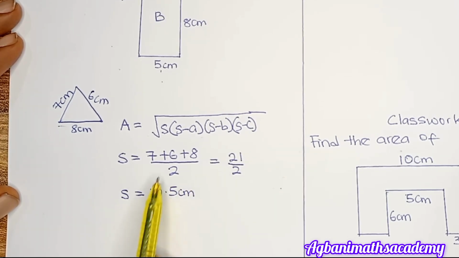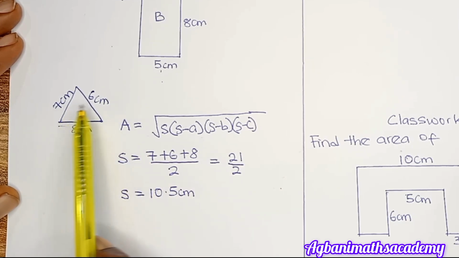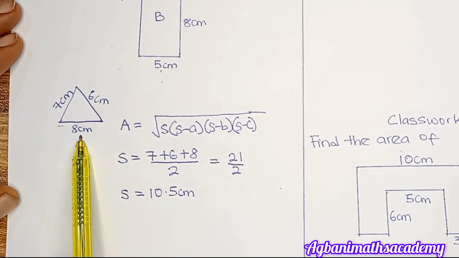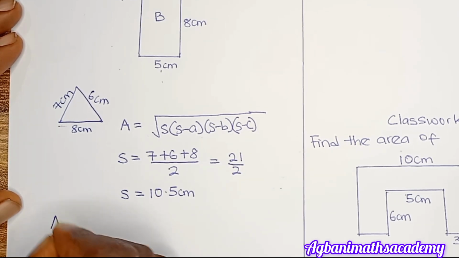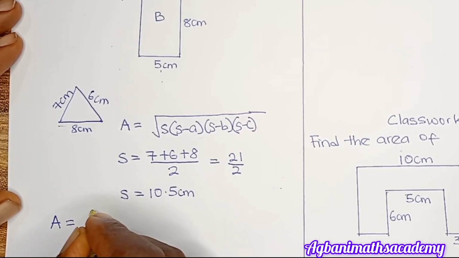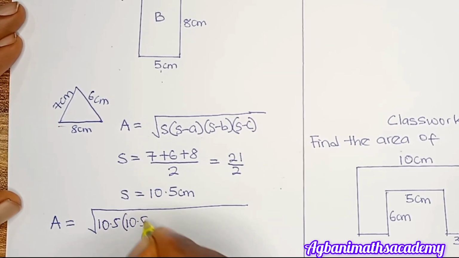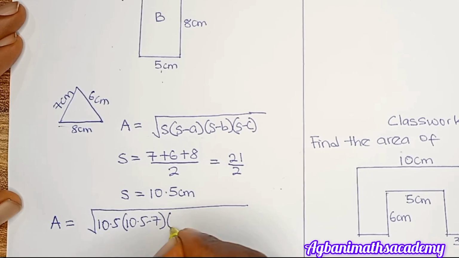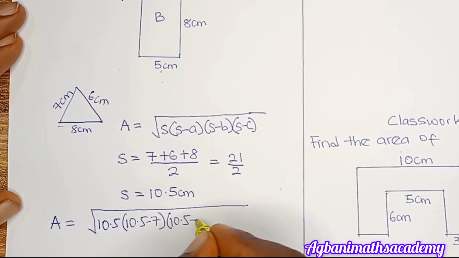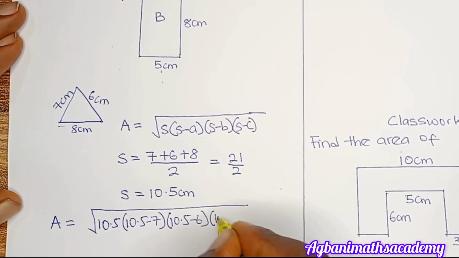Next, we're going to input s into the formula. We can decide to say a is 7, b is 6, and c is 8. So the area is equal to the square root of 10.5 into 10.5 minus 7 into 10.5 minus 6 into 10.5 minus 8.